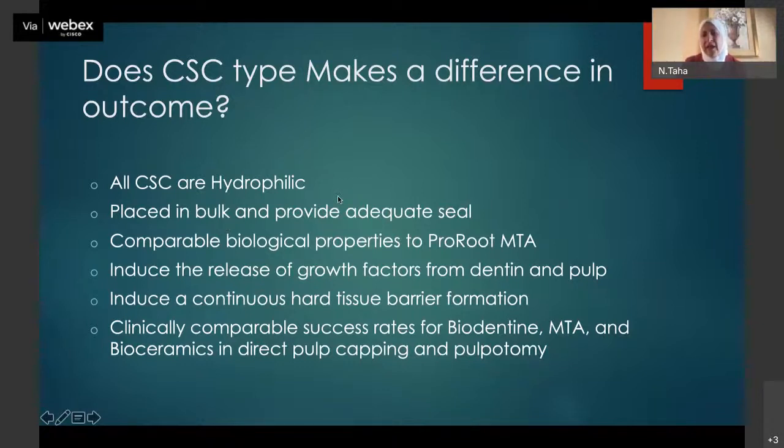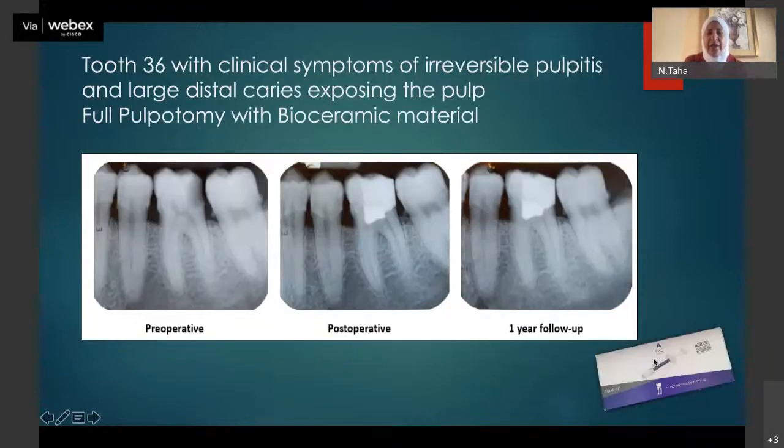And they have clinically comparable success rates for Biodentine, MTA, and bioceramic. Currently, we have a study under consideration for publication, inshallah, in the International Endodontic Journal. We looked at several calcium silicate materials in a randomized clinical trial. The 3 types were equally successful.